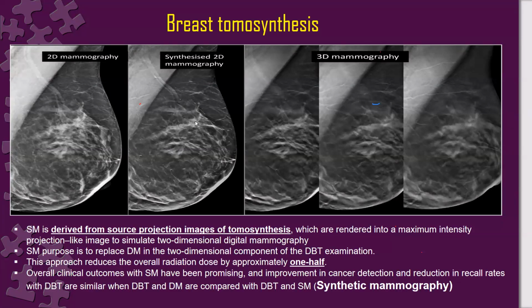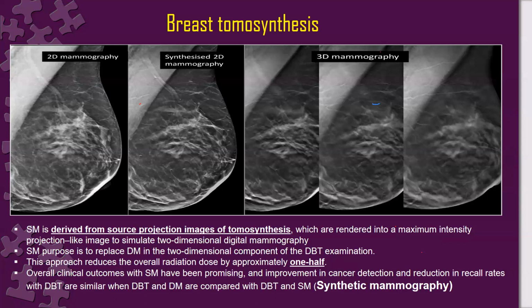And why have they done this? To replace the acquired 2D mammography, the aim of which is to reduce the radiation dose. Instead of acquiring 2D as well as 3D, they acquire only a 3D, and from the 3D they resynthesize a 2D.